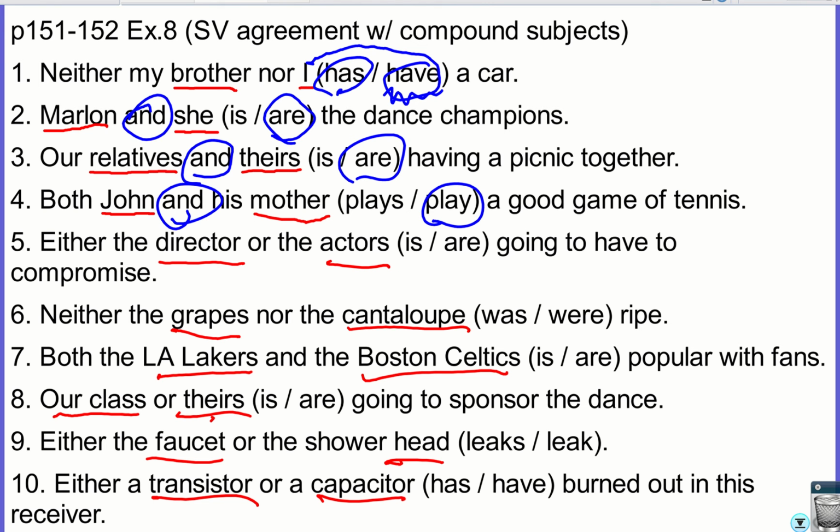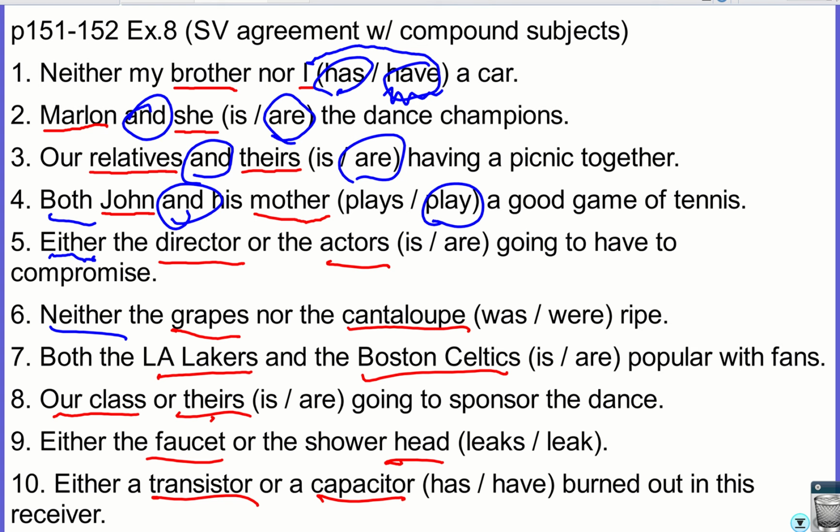Number five kind of clues us into or alerts us to an issue that we need to be aware of. In this sentence, it starts with either. And in our last set of notes and exercises, we talked about indefinite pronouns, and both, either, neither, these are all words that came up on our lists of indefinite pronouns.